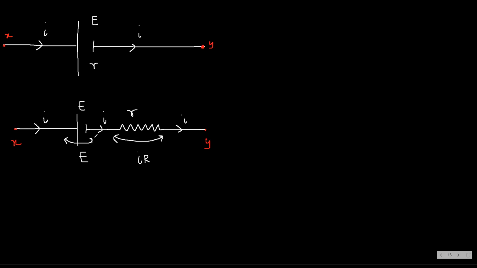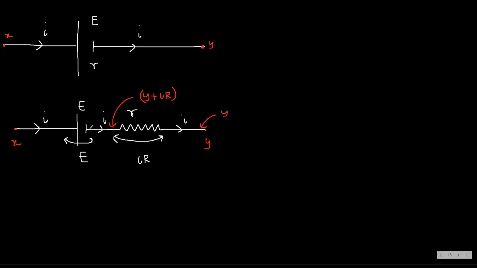Okay. Now tell me, if I'm considering this one as Y, what is the value of this point? Y plus IR. After that, is this one the younger one or the older one?